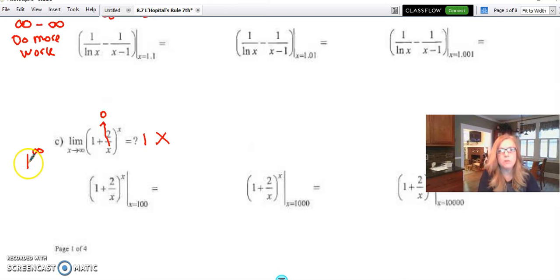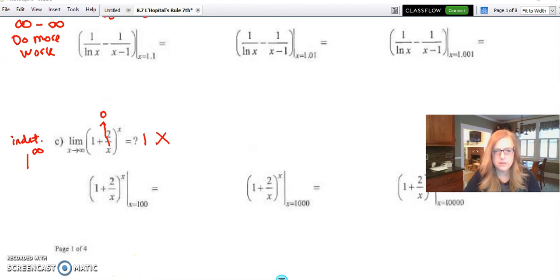If you are bigger than 1 with a big power, then you are a growth. So you're kind of teetering between decaying and growing, and we kind of made the conclusion that, hey, we're going to 1 because 1 to any power is 1. This is still an indeterminate form. So doing the same thing that we did before, we could take a look at this by looking at the graph and the table, and let's see what happens. So let's come over here.